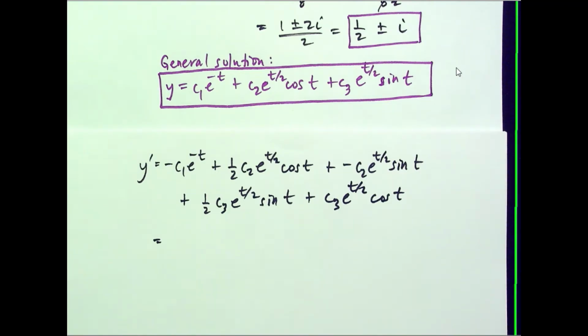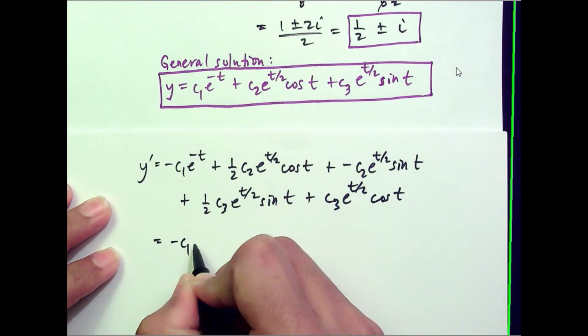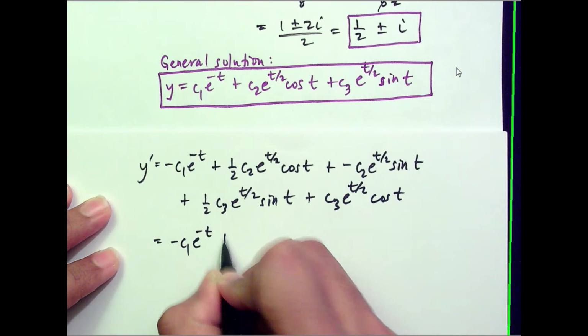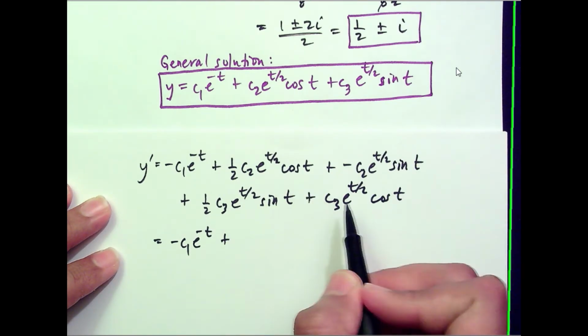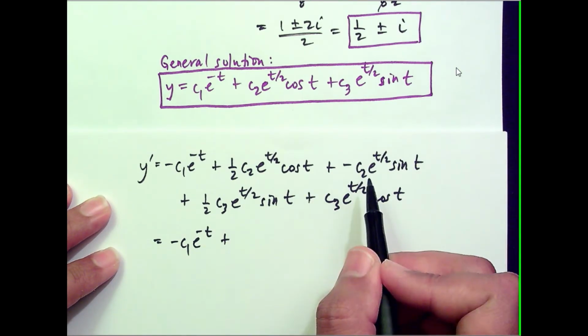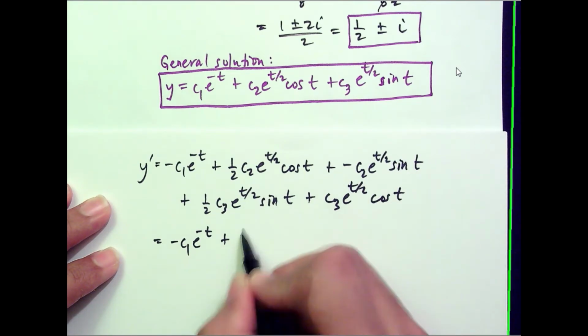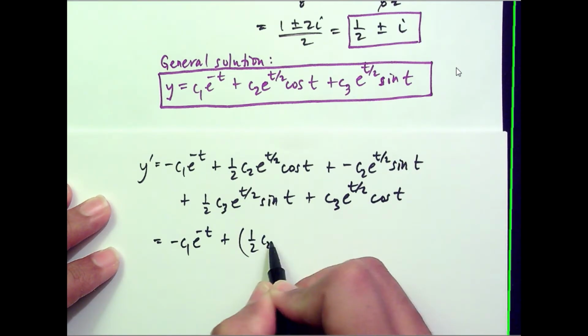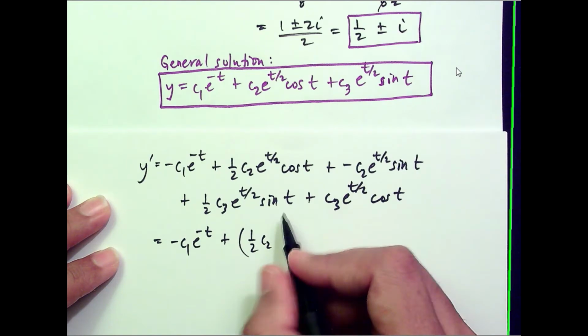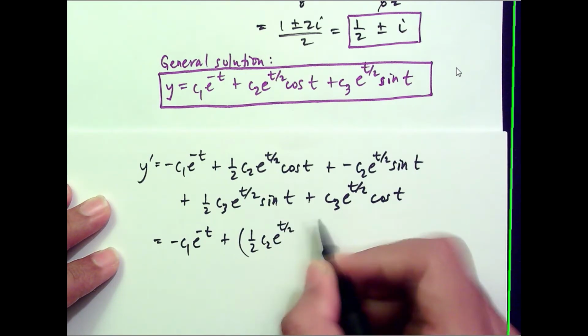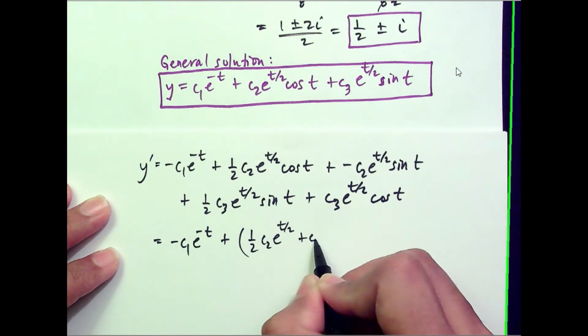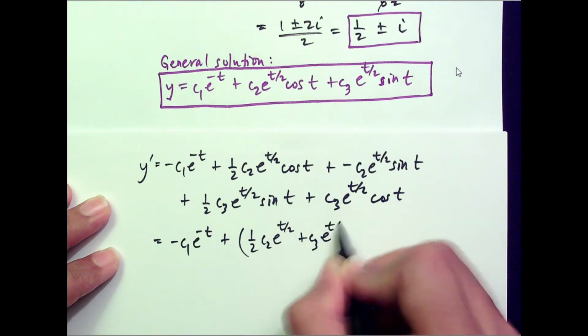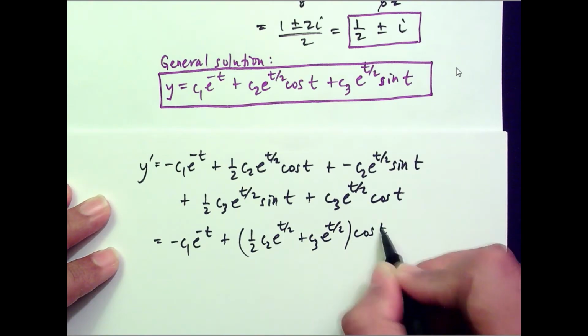We usually simplify this by collecting the cosines and collecting the sines. That one is all by itself, but then you collect the cosines together, and then you collect the sines together. So collecting the cosines together, this is 1/2 c2 e to the t over 2 plus c3 e to the t over 2 cosine.